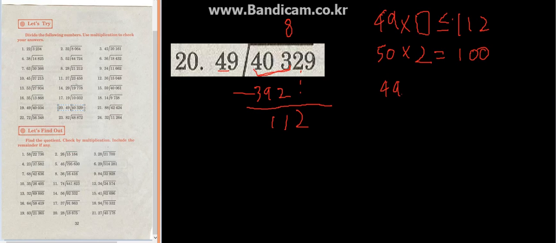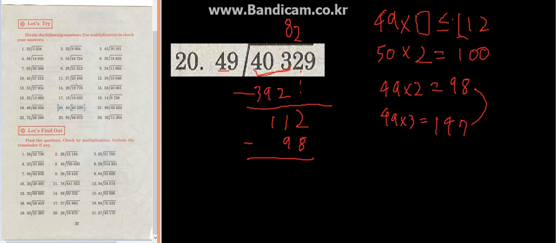So 49 multiplied by 2 is going to be 98. And 49 multiplied by 3 would be 147. And 112 is between these two numbers, so we write down 2 over here, which would be 98. And if we subtract, that's going to be 14.